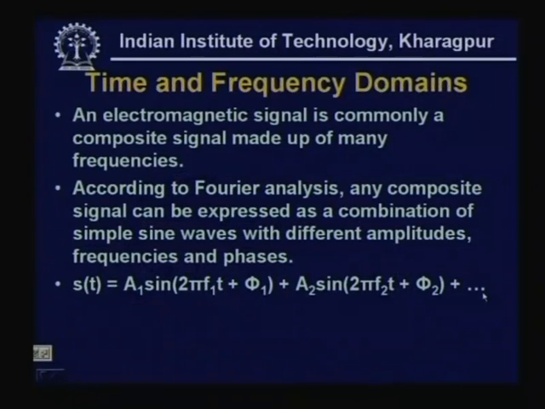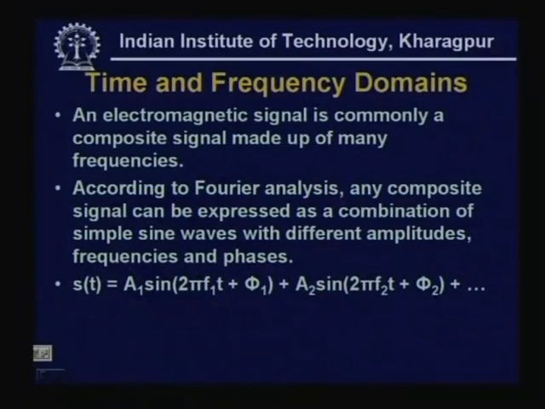Now, we have discussed the time domain representation of the signal. On the x axis we have plotted time, and the amplitude variation with time we have shown, and this can be visualized with the help of an oscilloscope. Oscilloscope is the equipment normally used to visualize the time domain representation of the signal, and we are very familiar with that.